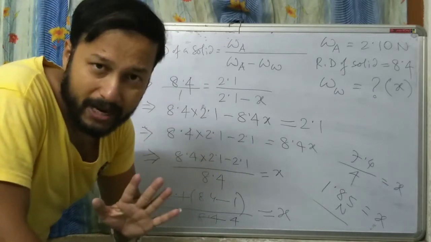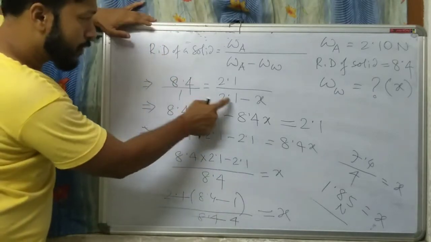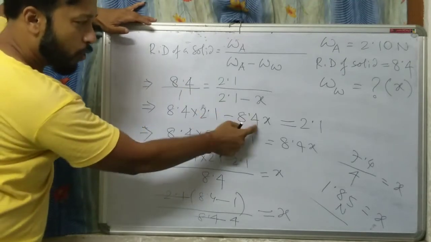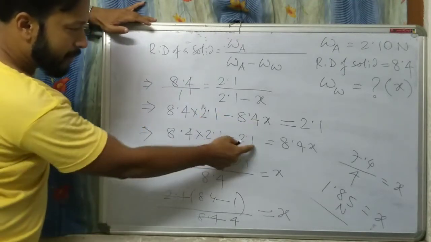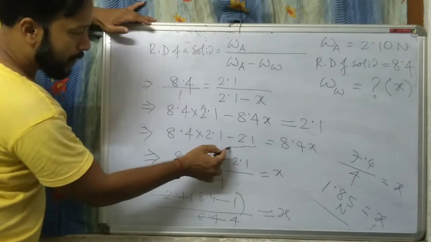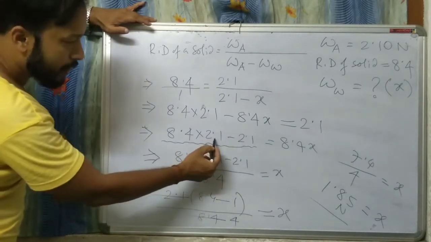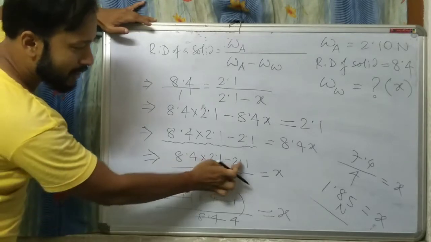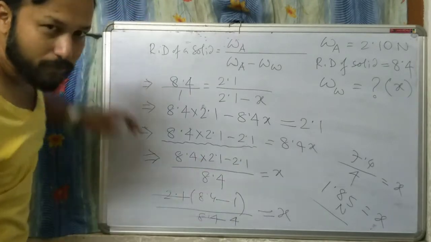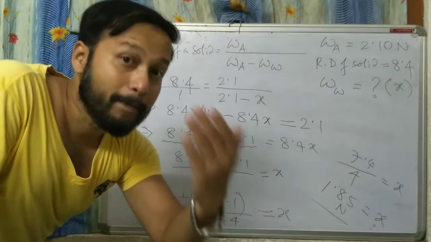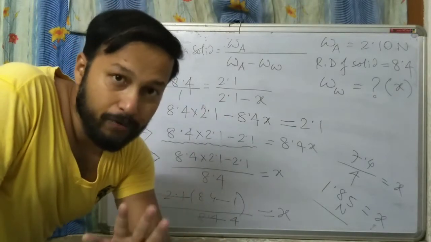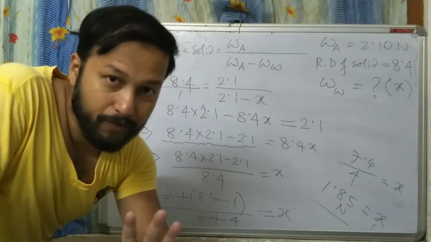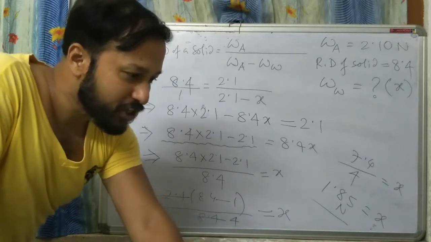Just 8.4 into this I am writing. After that, from this part, I am taking 2.1 common. So 8.4 minus 1 is left. In this way I am doing it without multiplication. You can go with multiplication, no problem. Don't be confused.